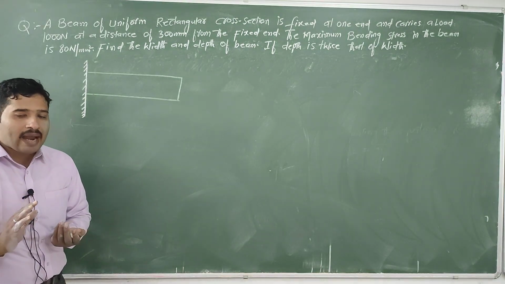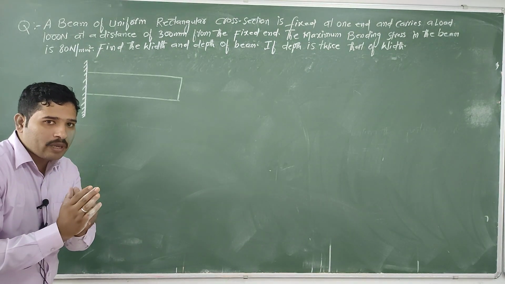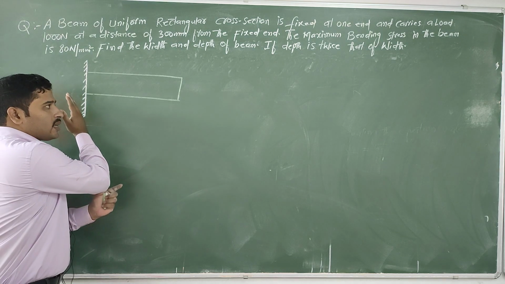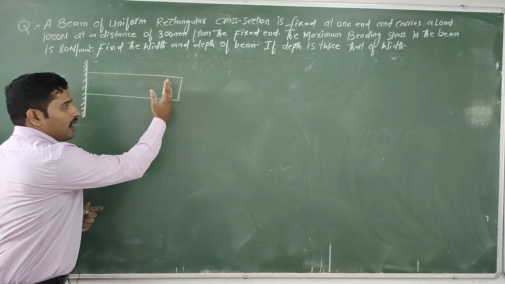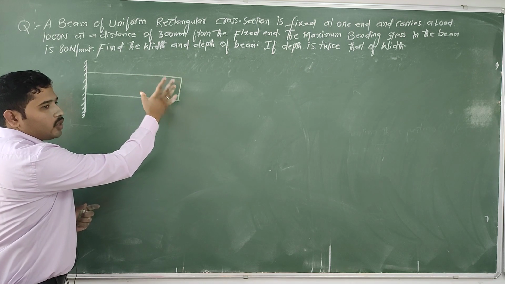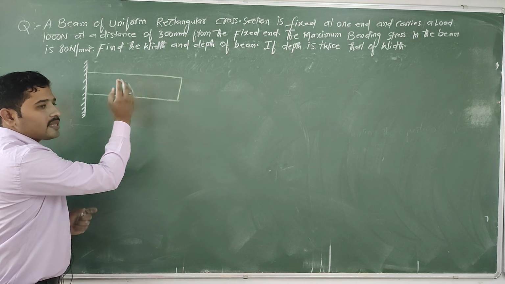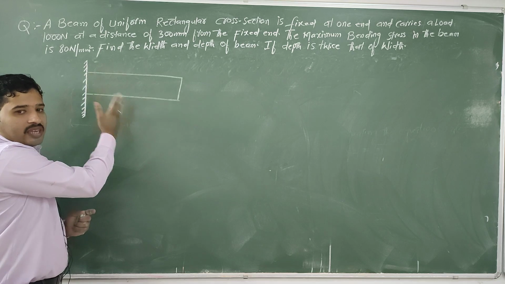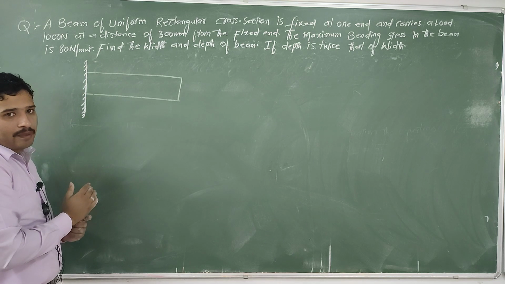This means that one end of the beam is fixed and the other end of the beam is totally free into the atmosphere. Such a type of beam we can say is a cantilever beam.